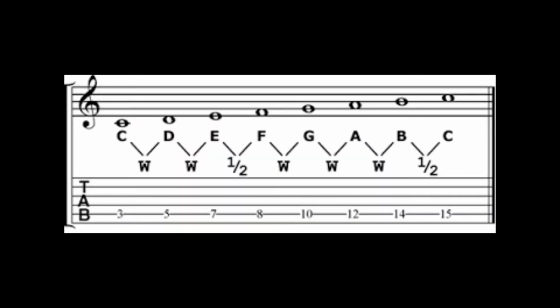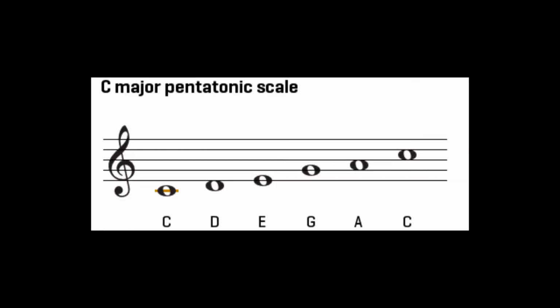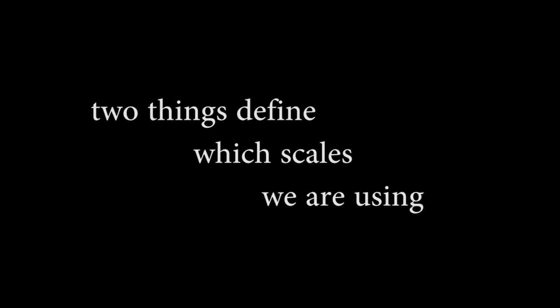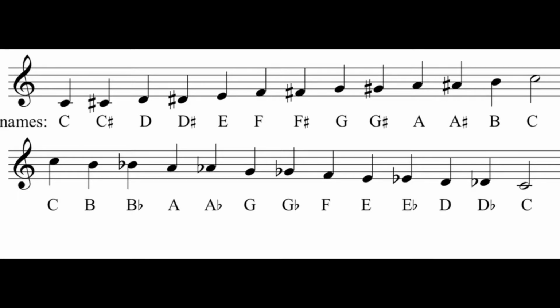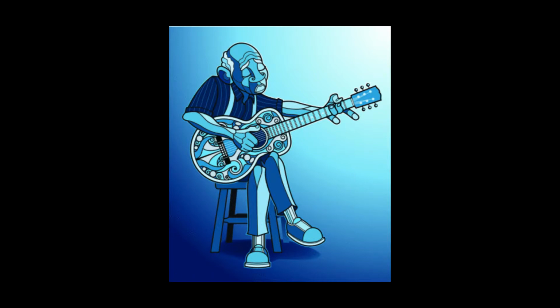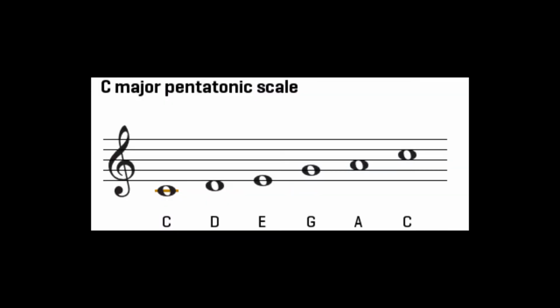There is major scale, minor scale, pentatonic scale, and a bunch of others that are even more confusing. Two things decide on the scales that we're using. One is the ways that we construct the scale, the ways that we choose which notes of the 12 notes that we have we're going to use and which we're not going to use. So for example, in blues you're going to use the pentatonic scale, same as in hip hop and in rap.